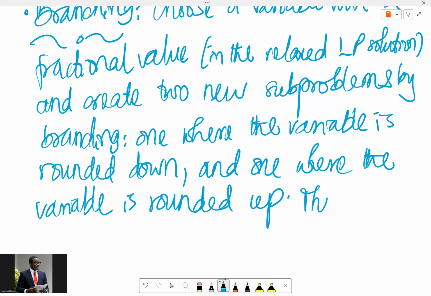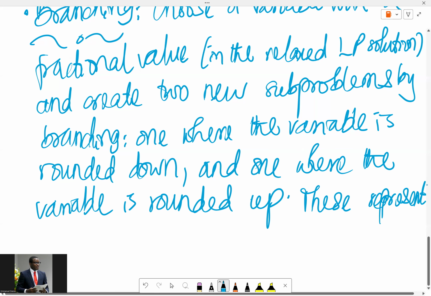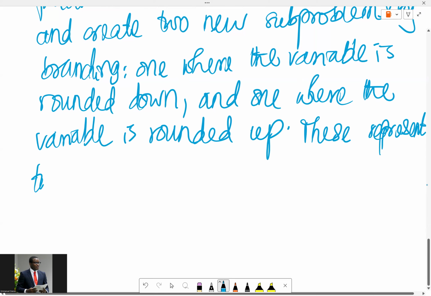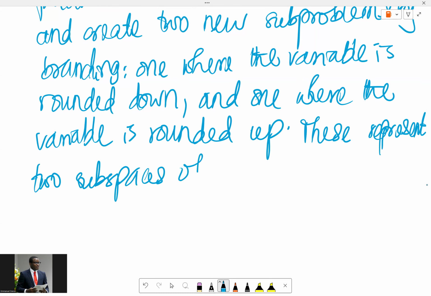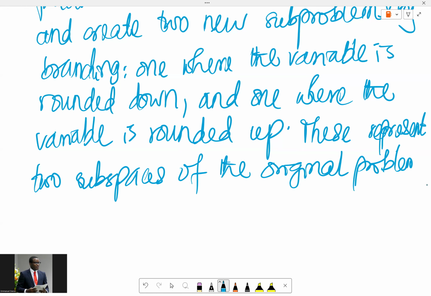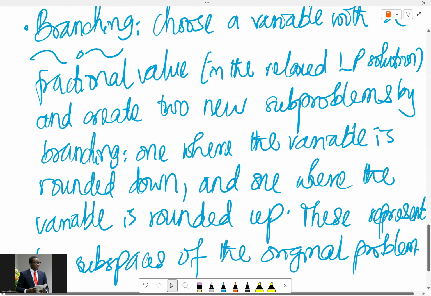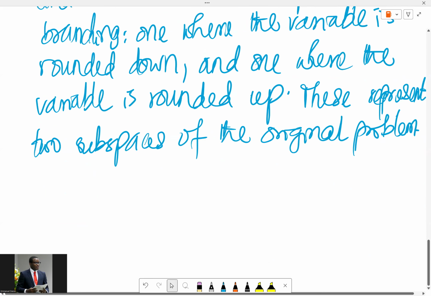So this represents two subspaces of the original problem. So that is where branching is taking place.